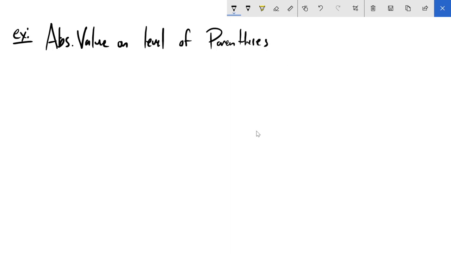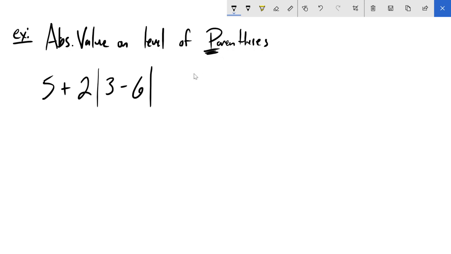As an example, let's say that I had 5 minus 2 times the absolute value of, I don't know, 3 minus 6 or something. Actually, I don't want that. I'll make that a plus. I'll make our lives easier here for a second. So if I encounter the absolute value within an expression, where should we go first?